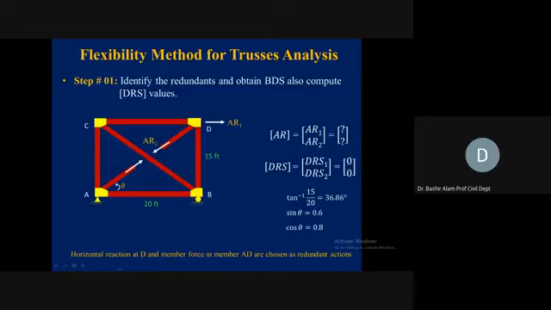So the horizontal reaction at D and the force in member AD are chosen as redundant actions, and we solve taking these as our redundant actions. When you go home, you can take another support reaction as a redundant action and, let's say, member BC as your other redundant action, solve this, and you will end up with the same solution.